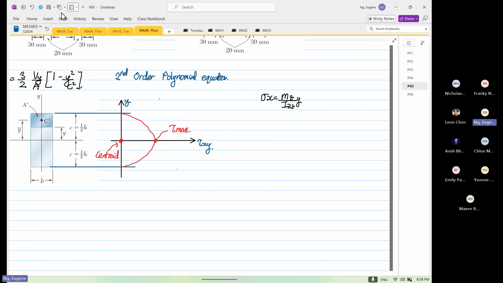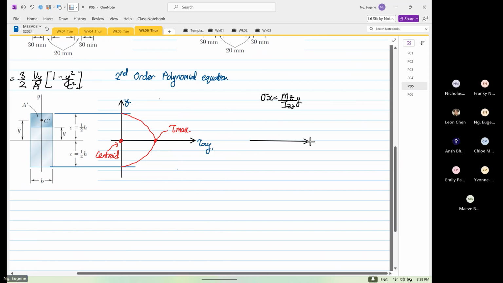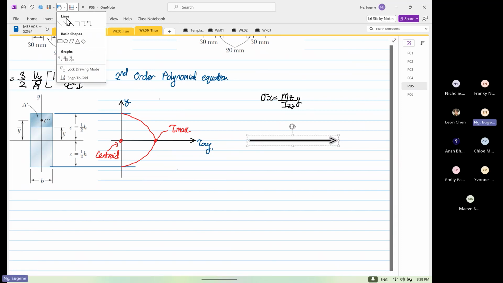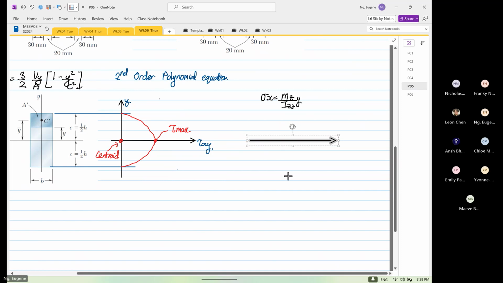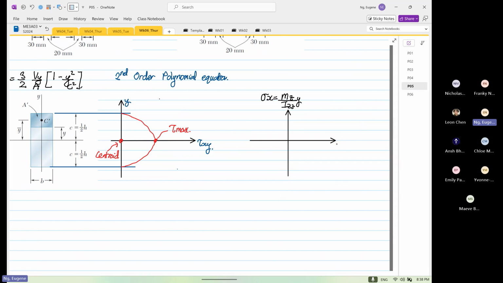So if we have our normal stress, and then we have our y function, this is our normal stress X, and then this is our y.